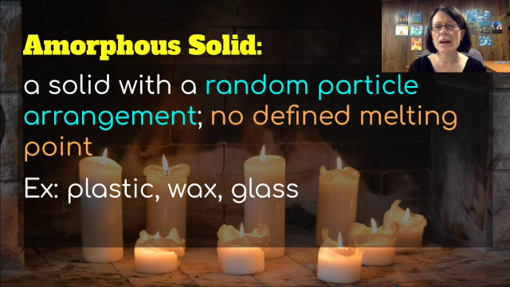So that is the difference between an amorphous solid and a crystalline solid. Plastic will do the same. Also glass. When we look at glass, there's no crystal structure there, which is a good thing because it's clear and we can see through it. If it had a crystal structure, it might be boxy or something, and it would be more difficult to see through that glass.